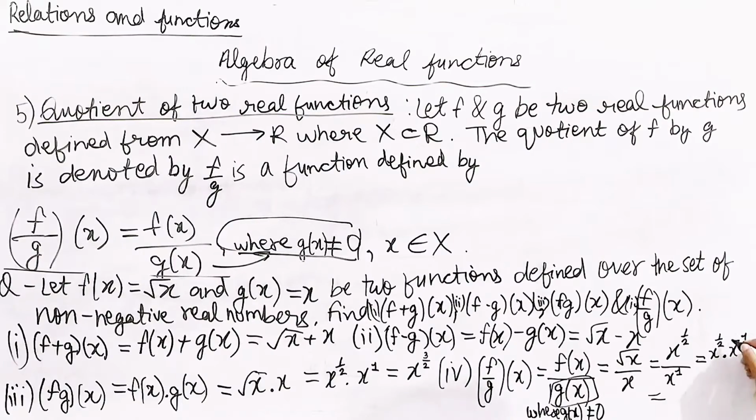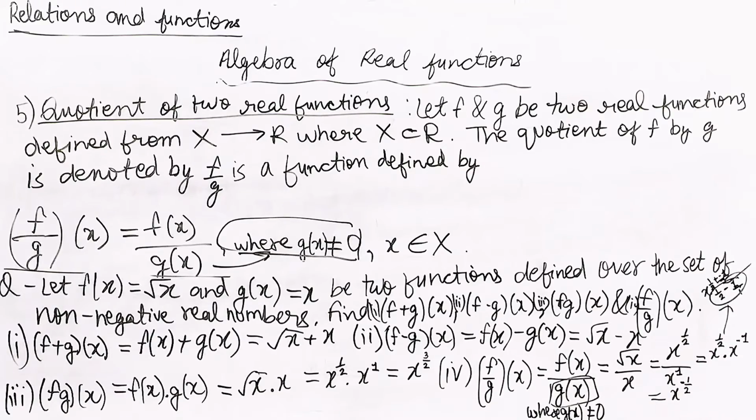Plus and minus gives us minus. So it's going to be x to the power minus 1 upon 2. Wasn't it really easy? Just 1 upon 2 minus 1. Through this way, we can easily write it.